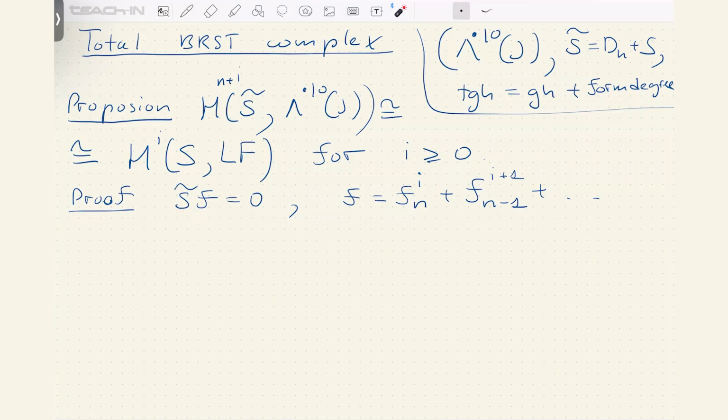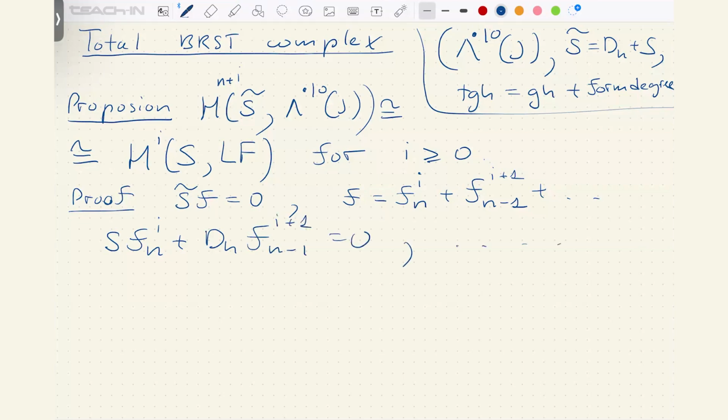It gives me S acting on F I n plus DH acting on F n minus 1 I plus 1, equal to 0. And here, guys, what is this? This is precisely the condition that F n I is a representative of local BRST cohomology.